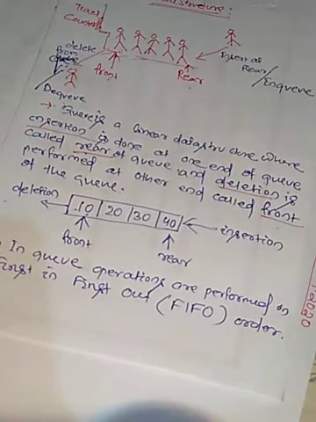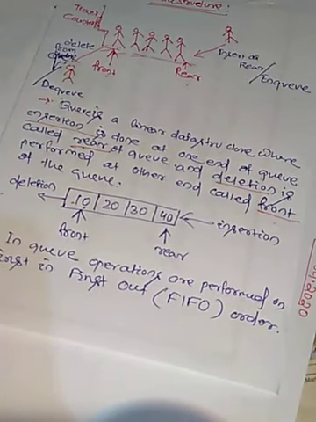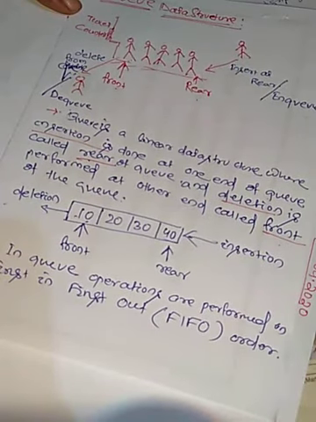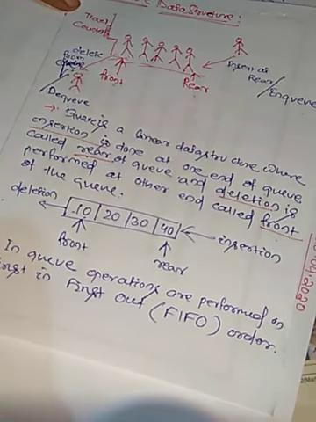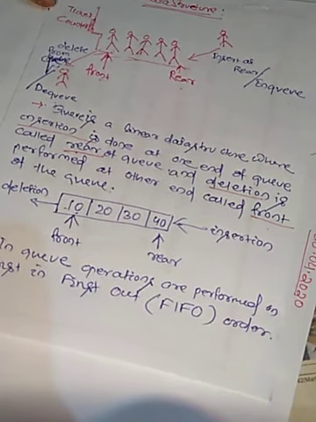This is very important about the queue. Queue data structure follows FIFO order, first in, first out. Whichever comes first, it goes first. This is how we define the queue data structure. Now we'll move towards the implementation of this queue data structure.